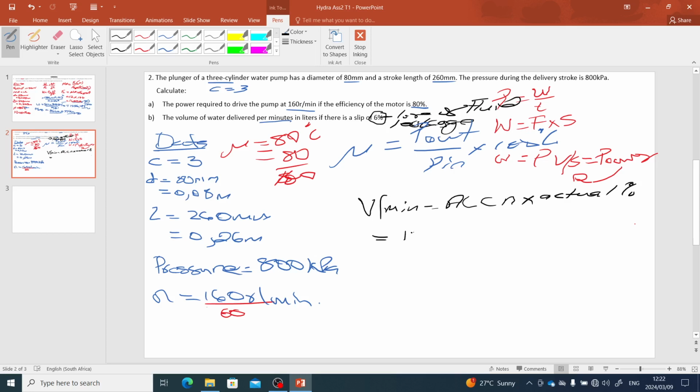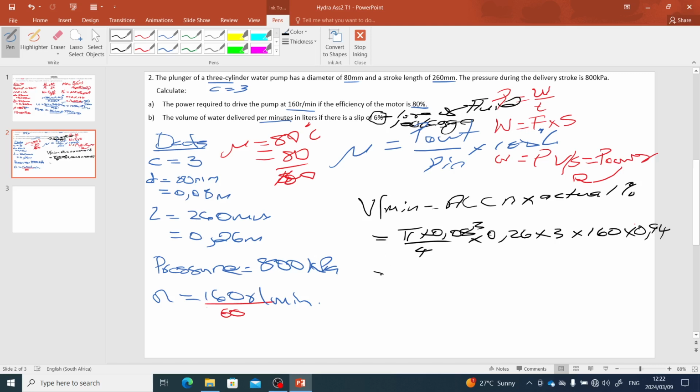Now it will be pi multiplied by 0.08 squared divided by 4, multiplied by 0.26, multiplied by 3, multiplied by 160 per minute. Remember, they want our answer in liters per minute. Multiplied by the actual percentage, which would be 0.94, because we've lost the slip. It is something that has been lost.